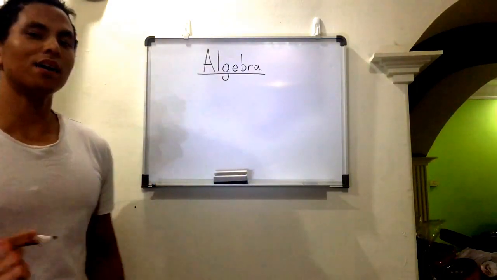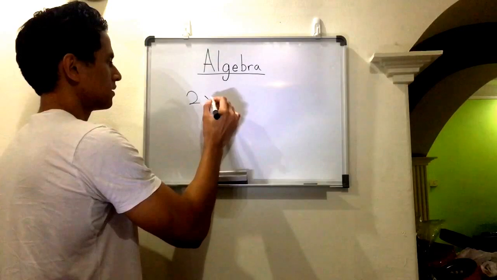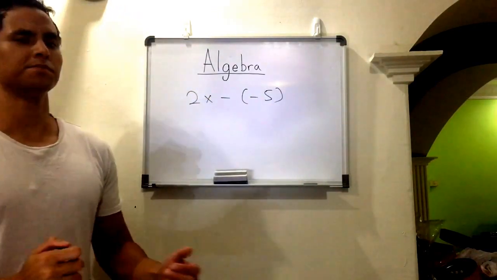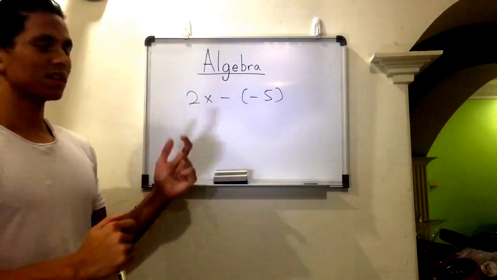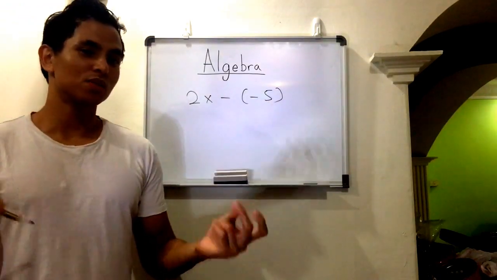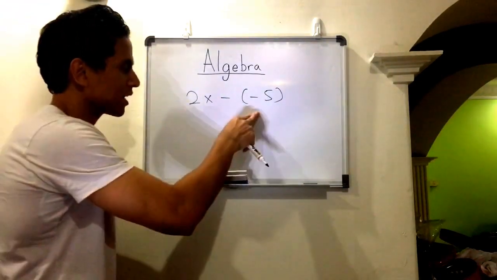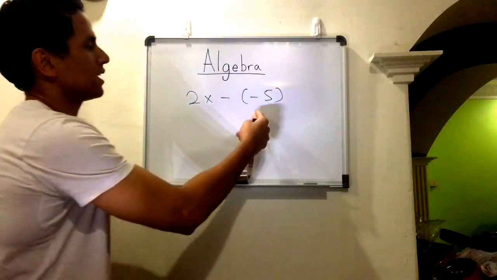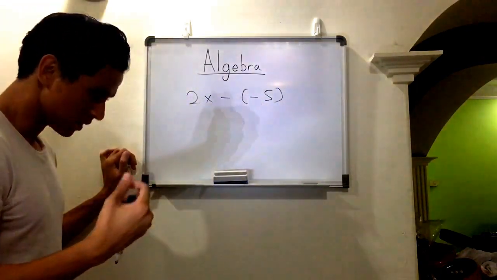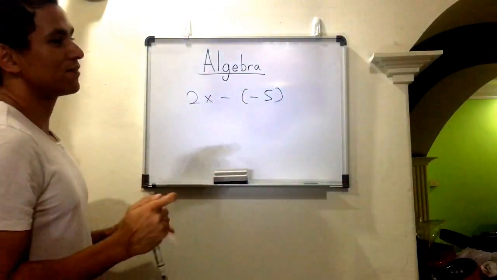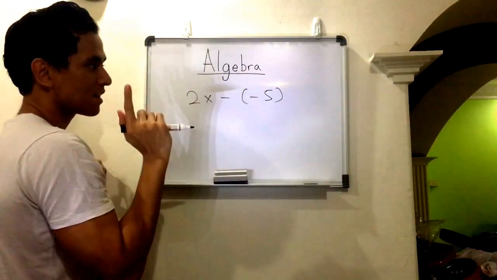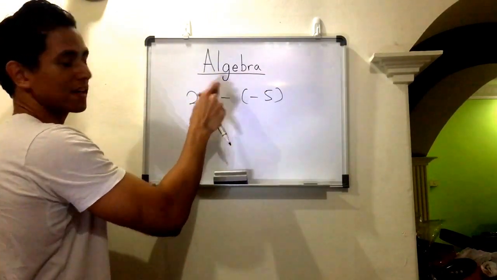In the next example, think about it. The interesting thing is the brackets. Recall that in BODMAS, we always do the brackets first. So we look at the brackets, we do inside the brackets. Okay, minus 5, we can't simplify it any further, so minus 5 is fine. So now we just have to look outside and around the brackets. Around the brackets, the only thing is the minus sign.